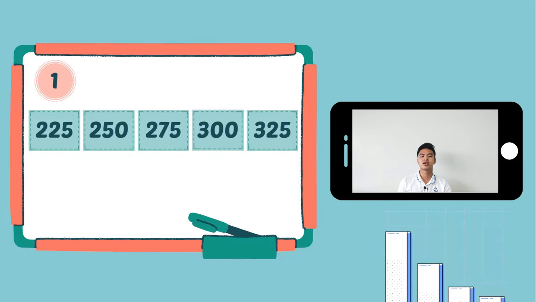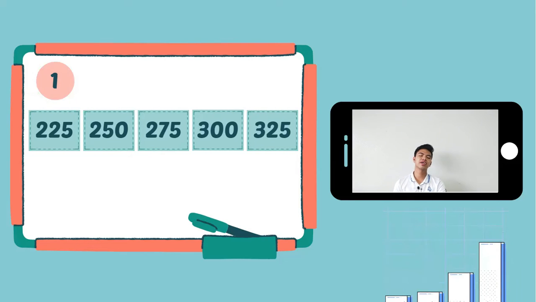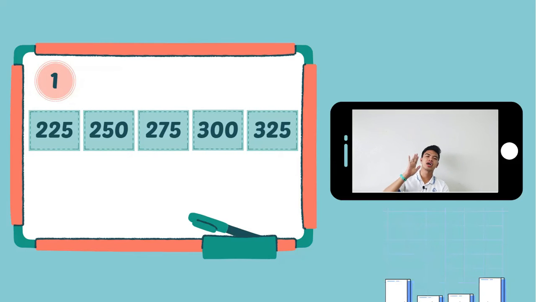So to find out what is the pattern in this sequence of numbers, we're just going to compare two numbers. So here we can compare 300 and 325, and then we're going to see if it is going up or it is going down.